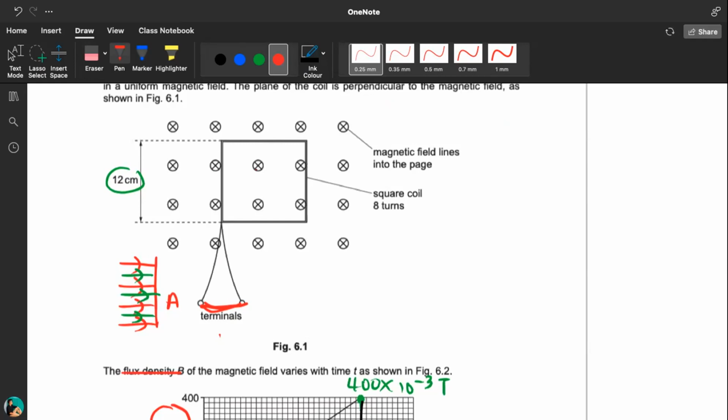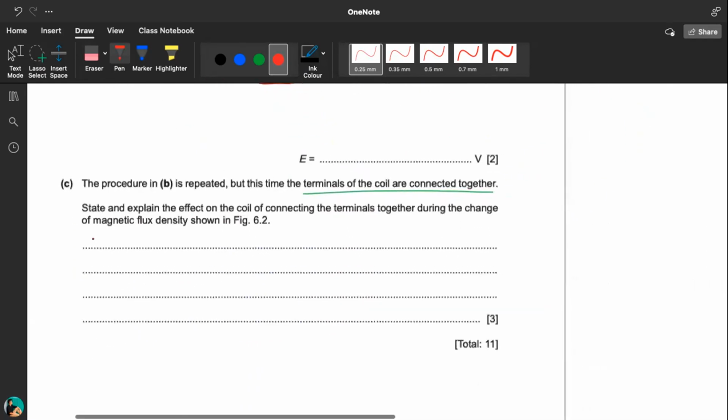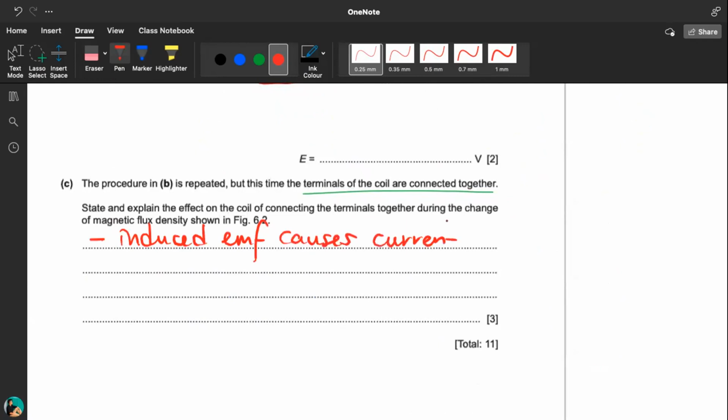But now I connect the terminals, there will be current flowing. So you have induced EMF and you also have current flowing. So the first point is you're going to say here: induced EMF causes current to flow.